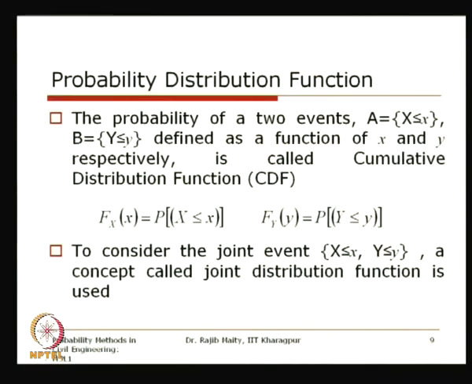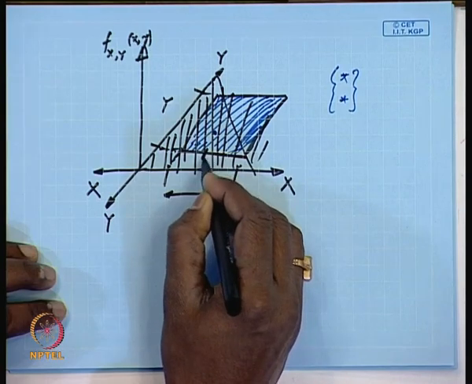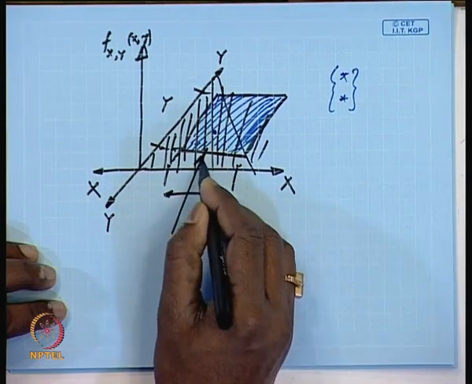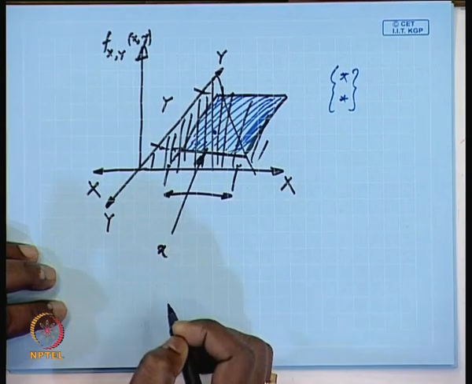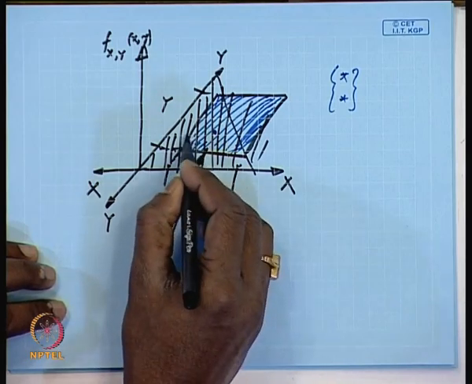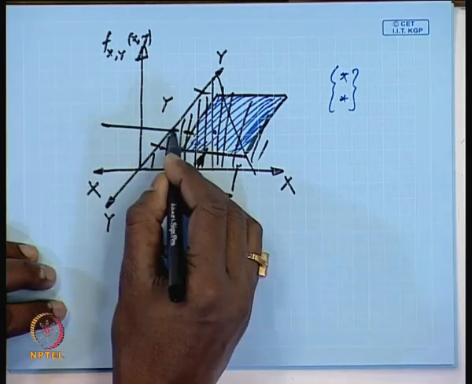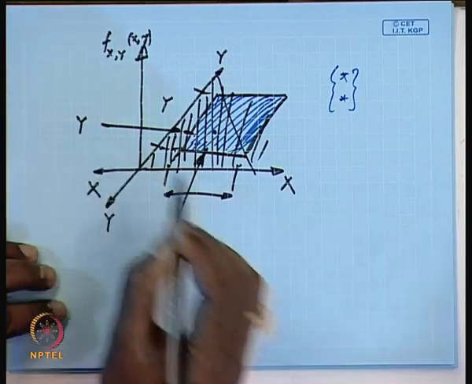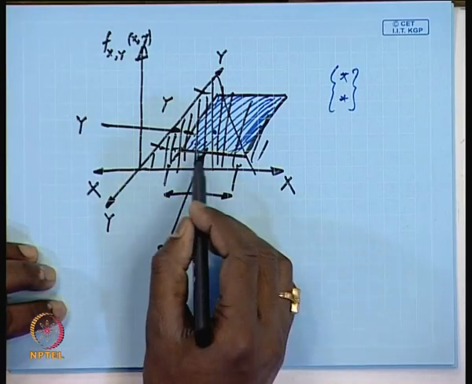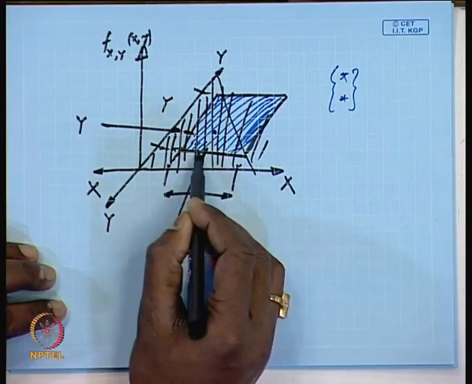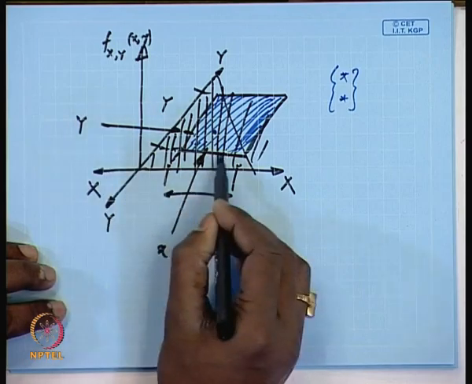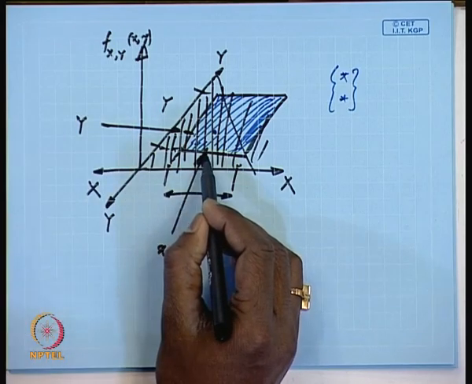Suppose this is the specific value x, and there is some value y here. For the single random variable, from the left extreme of the support to this specific point we have integrated.